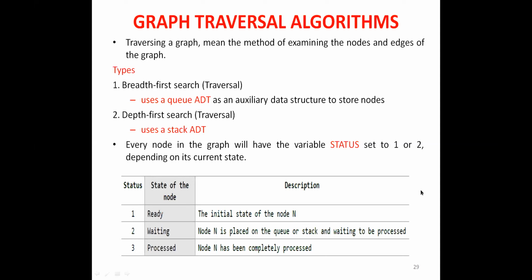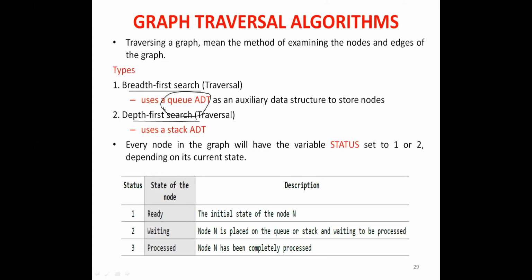Here the traversal algorithms are classified into two major types: breadth first search and depth first search. When you apply the breadth first search algorithm to a graph, you use an auxiliary data structure, the queue, to store the nodes.